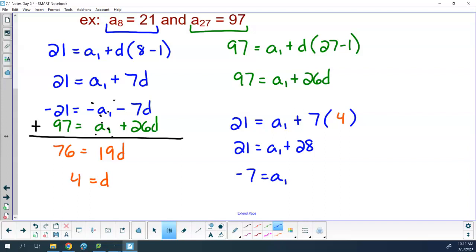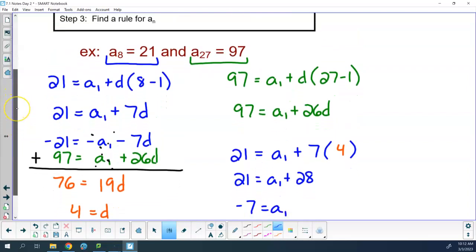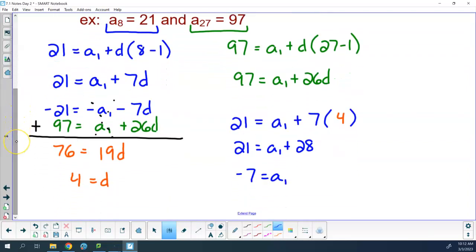So negative 7 is my first term. Step number 3 then says, now we can find the true rule for this sequence.